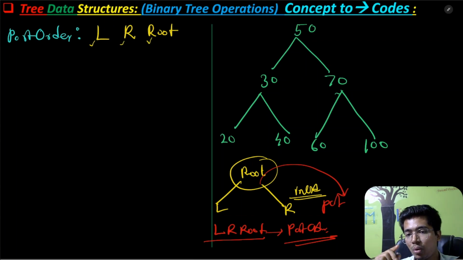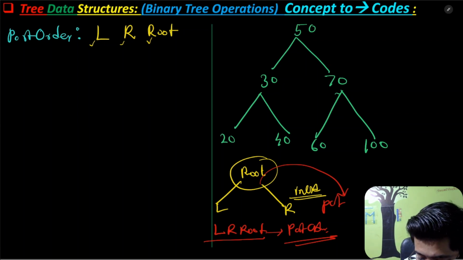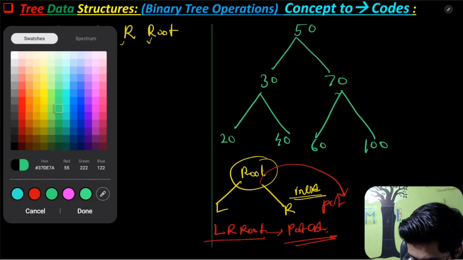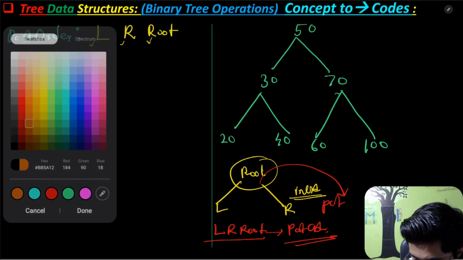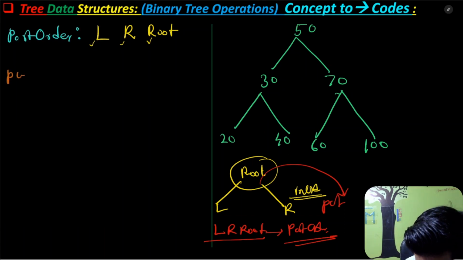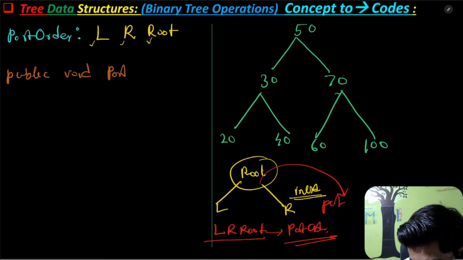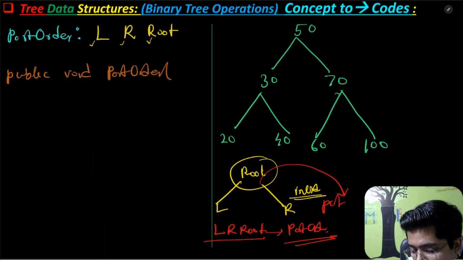Now I will just show you the code, and then we will try to understand how we can get it. The base case is whenever we encounter null, we stop the program. So we'll be writing that condition. It becomes like this: public void postOrder, and in the postOrder function we pass the root node initially.